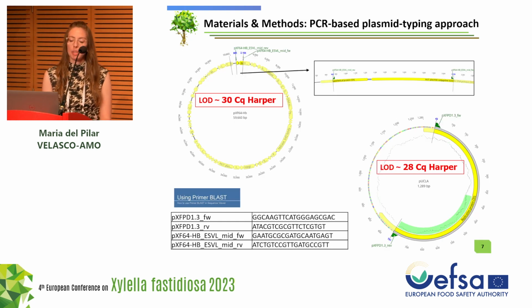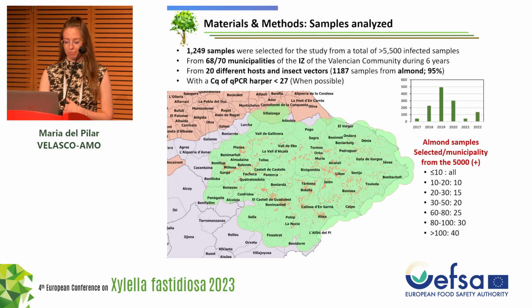So the primers for both plasmids were designed with Primer-BLAST using the default parameters, and for both plasmids, the limit of detection was determined, being higher for the big plasmid than the small one.